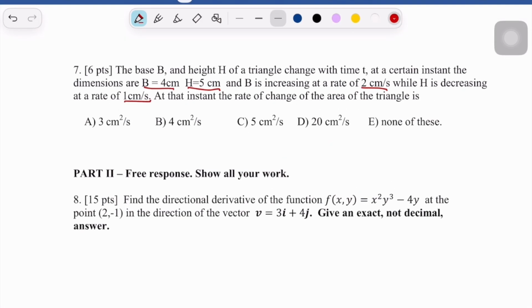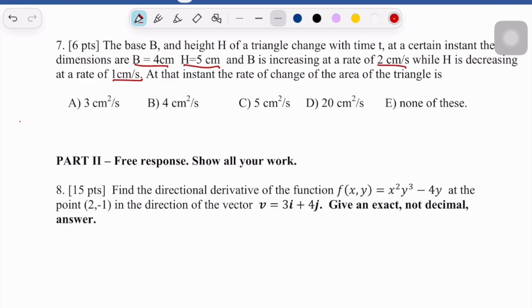So we know that the area of a triangle is just half times b times h, and if you take the derivative of that with respect to time, that's going to be half of db/dt times h plus half dh/dt times b, using the product rule.